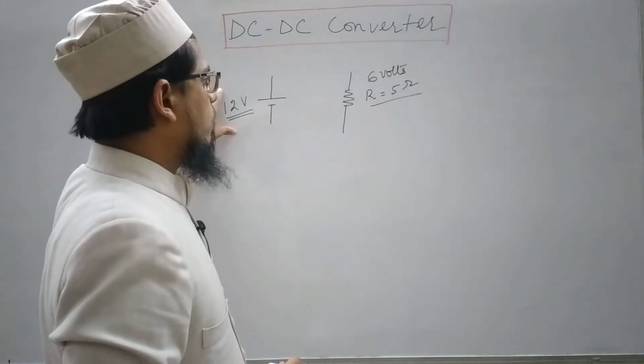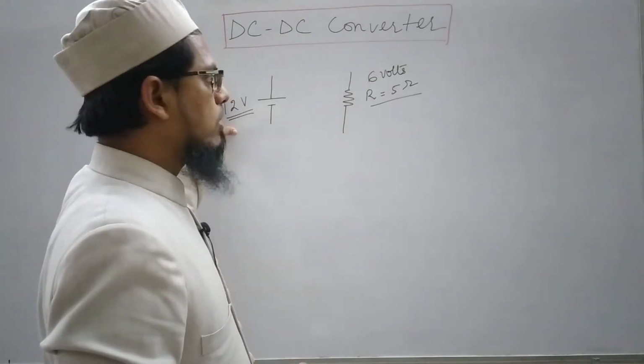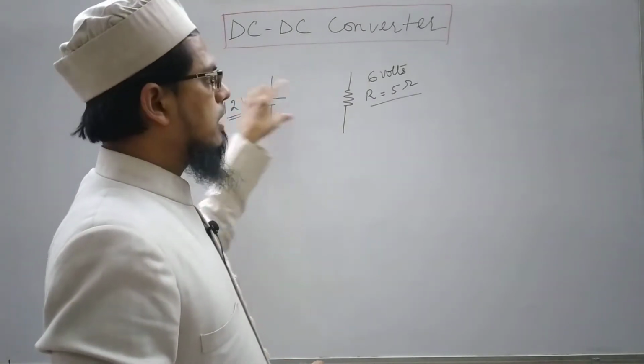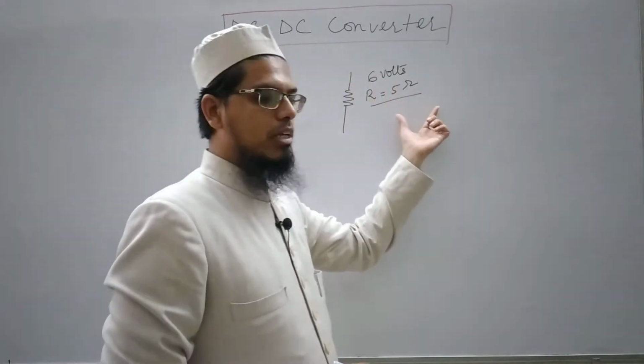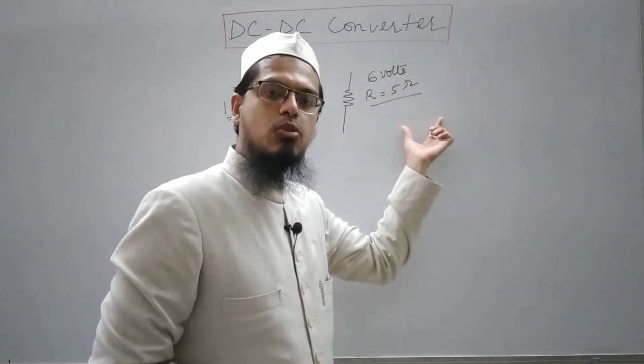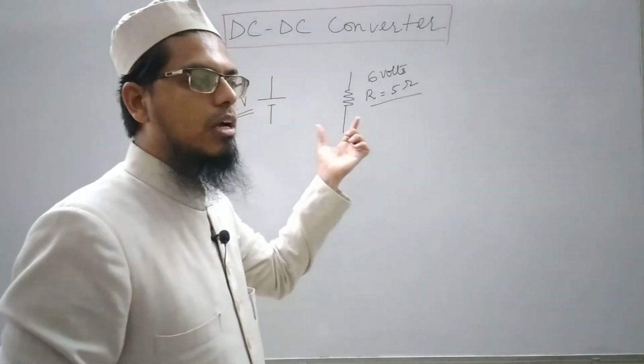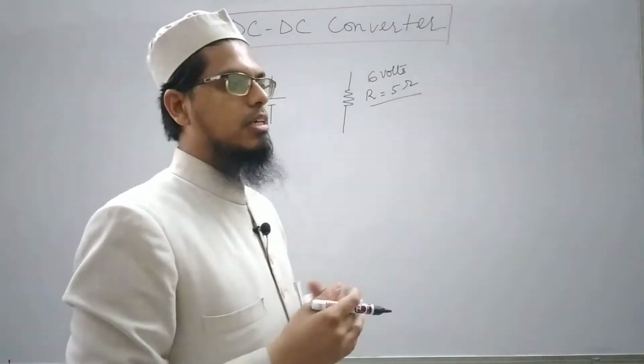Although we have got a 12 volt DC supply available to us, and we have a DC R load, the requirement of the load is that it works on 6 volt supply. So what are the options available to us?